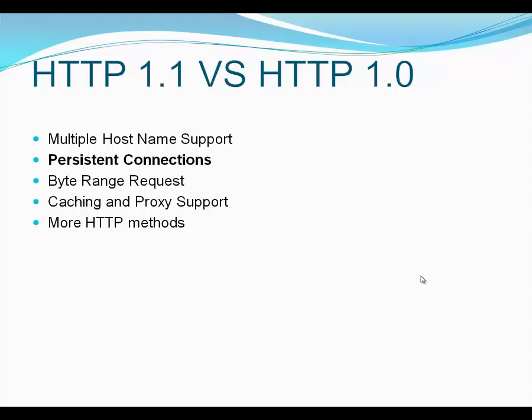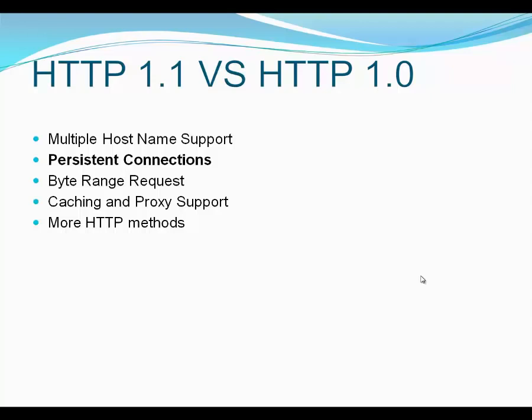Now what happens is that the player translates that movement into a byte range request and sends a fresh request from minute 2 to the server, saying that okay, I need the file not from the beginning but from this particular point onwards. So these are the use cases of byte range request. If the server supports byte range request, these advantages are there.